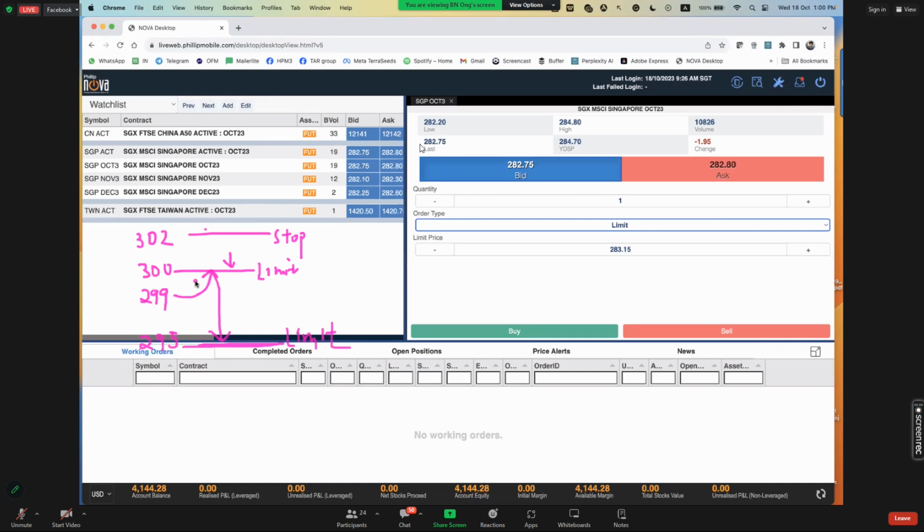Now, what is the meaning and implication of first in, first out? That means that if right now the price is 299, and it doesn't move up to trigger your limit order, and it moves back down to trigger the bottom first, that means from 299 it plunges to 295.